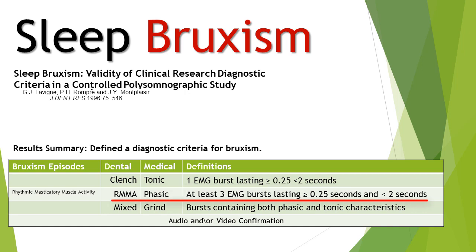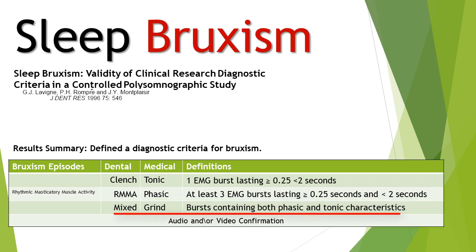There's RMMA, rhythmic masticatory muscle activity or activation, and that consists of at least 3 EMG bursts or more, each lasting a quarter second but also less than 2 seconds. And then there's a grind, which is a combination of both those types of events, and all those would be good to confirm with audio and/or video evidence.